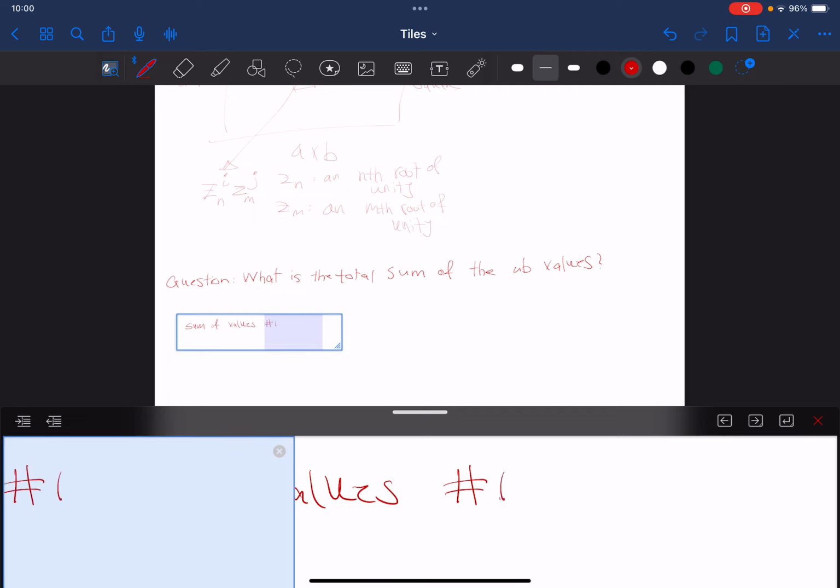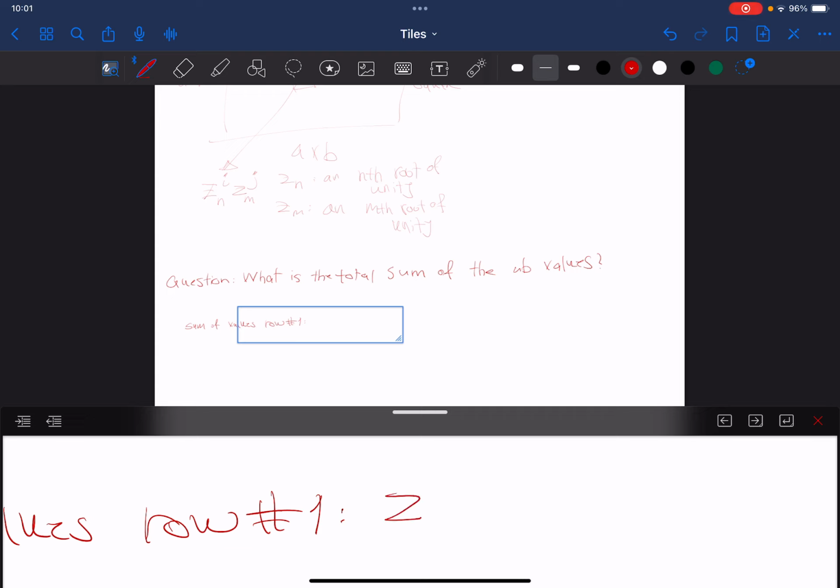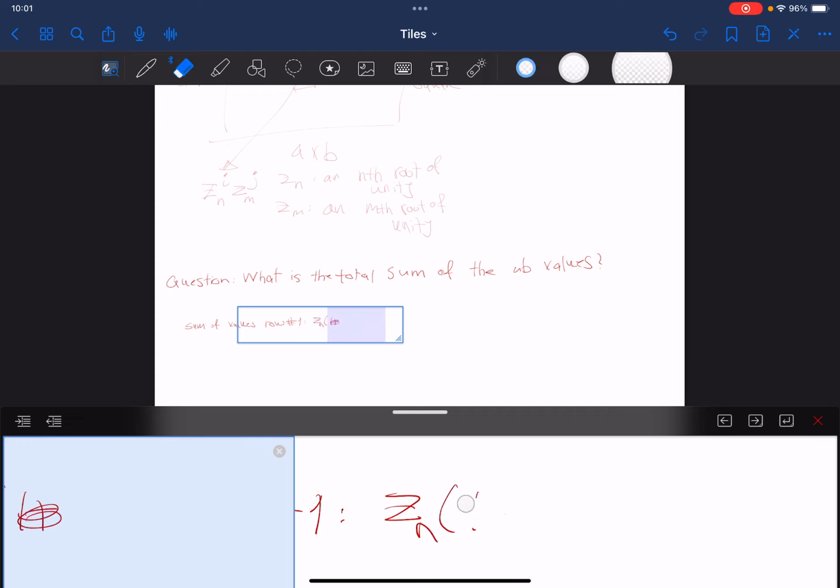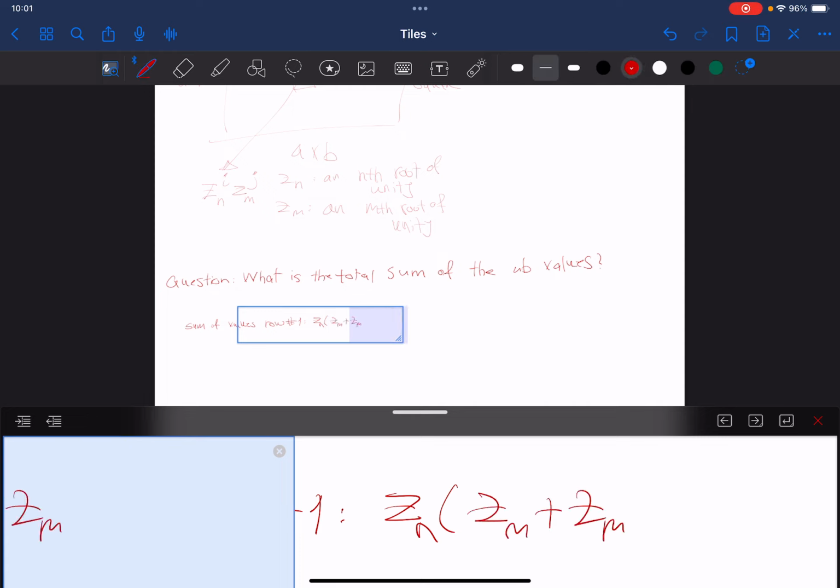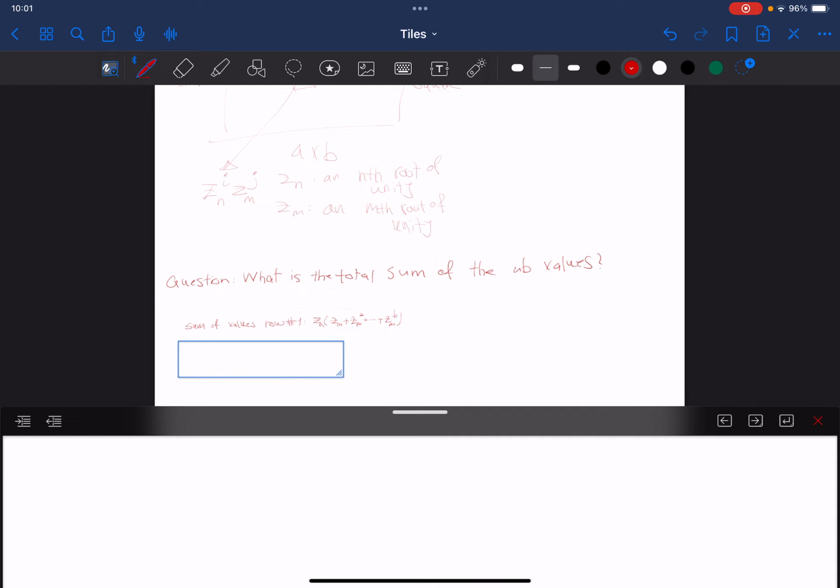just the first row, row number one. All of them have a factor of Zn, which I can factor out, so it's Zn times Zm to the power B. Let's do the same for the second row.